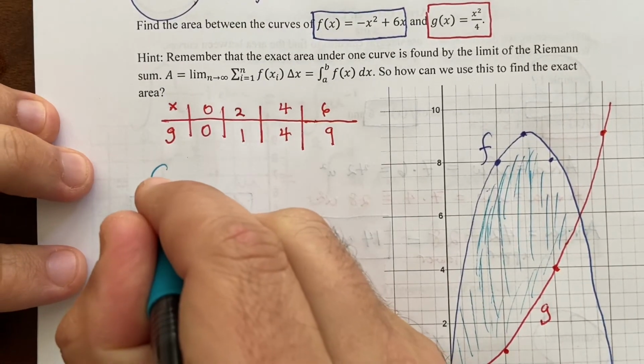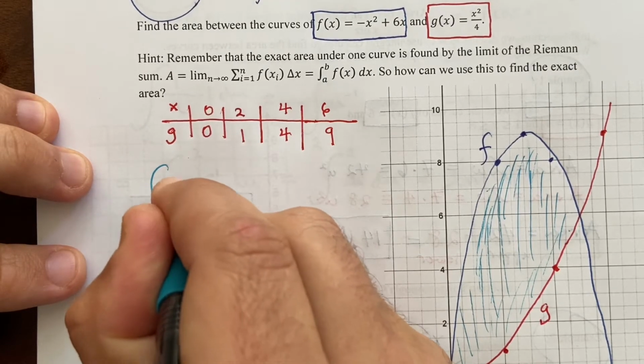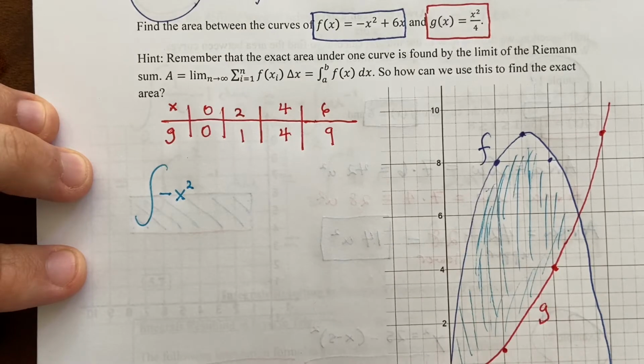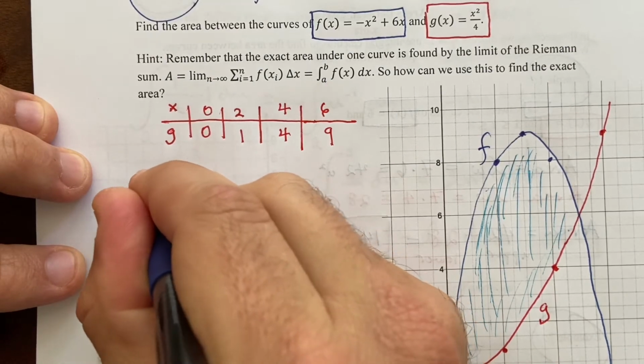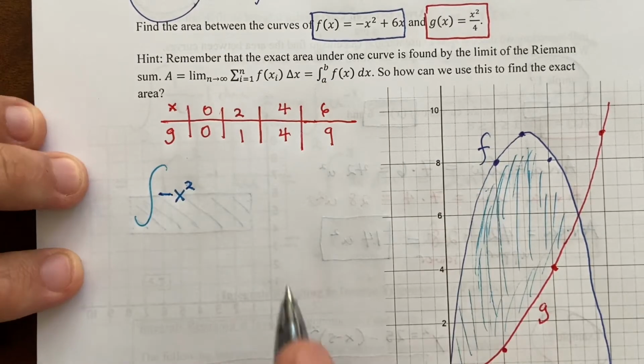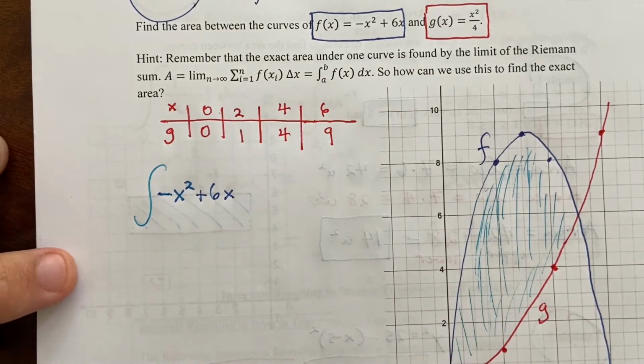So I'll have negative x squared. Maybe I'll write that in dark blue just to highlight this. Plus 6x, right? That's our upper, minus the lower.